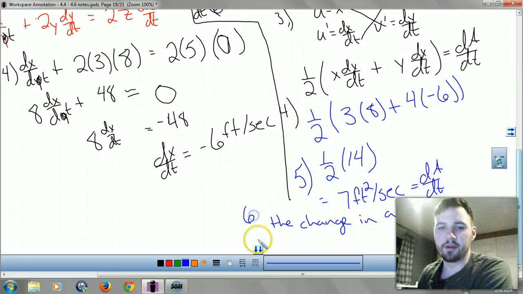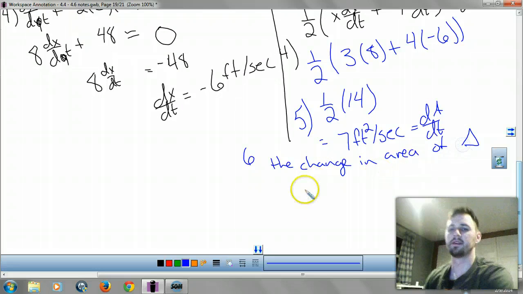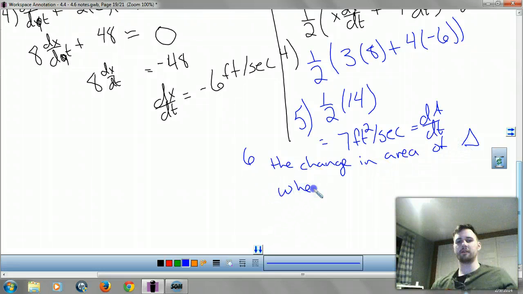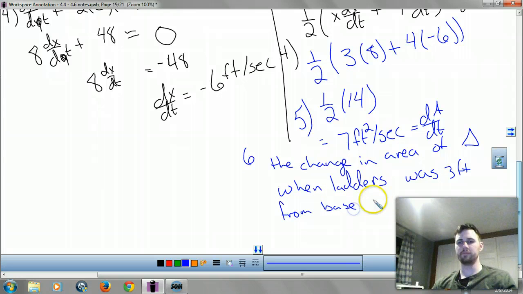So number 6, we interpret it as the change in area of the triangle when the ladder was 3 feet from the base was 7 feet squared a second.